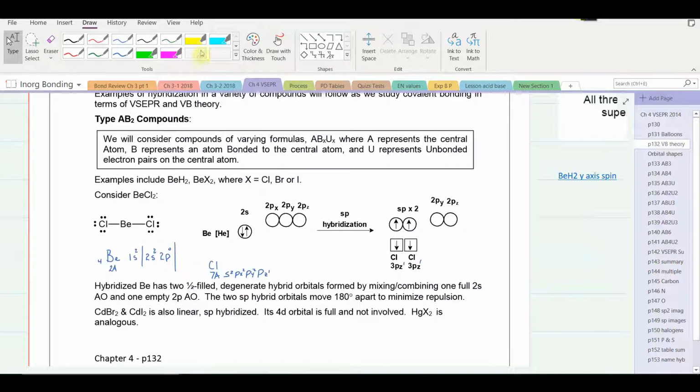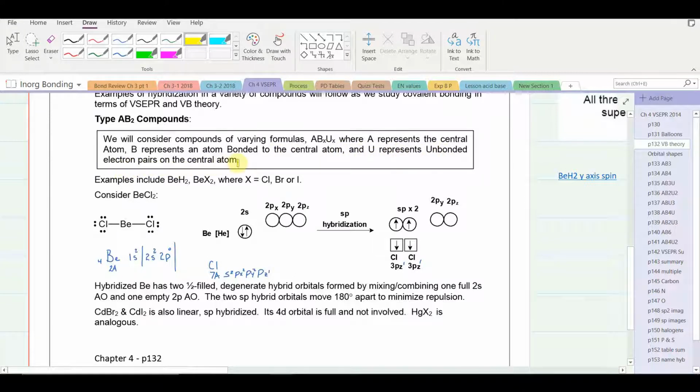As we consider various types of chemical formulas, we'll use this notation: A, B to the X, U to the X, where A represents the central atom, B represents an atom that's bonded to the central atom, and U represents an unbonded electron pair that's on the central atom.